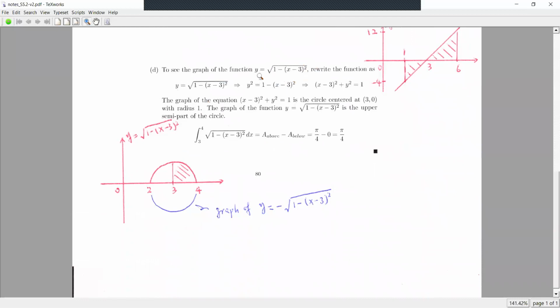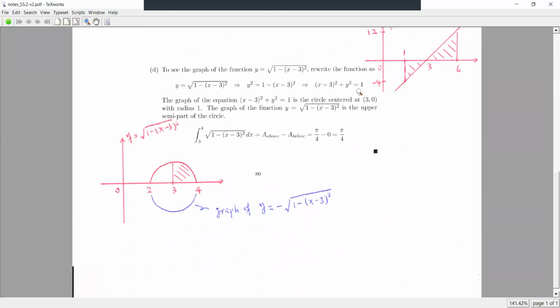Take the square on both sides. Then we get this equation. And then move this term to the left side, then we get this equation. You see, this equation is a circle equation.